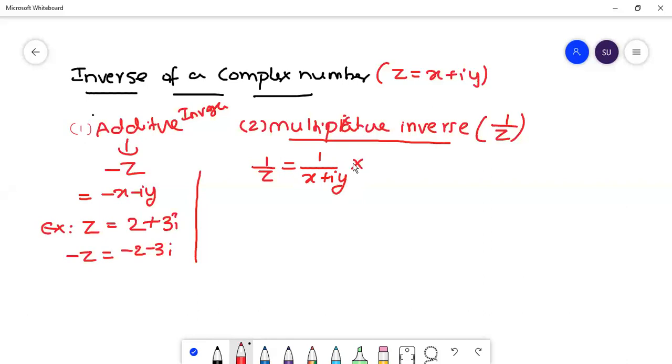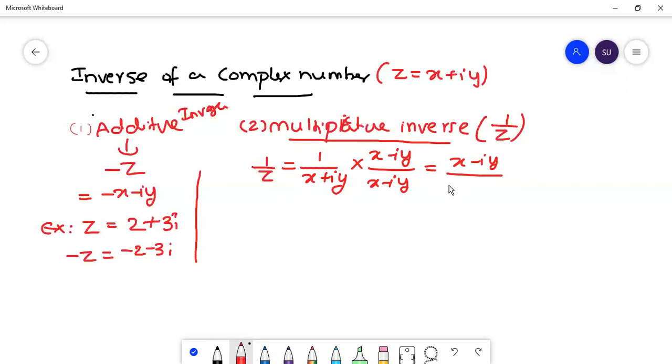Rationalize it, because we need to get in the form of a plus ib finally. So to simplify it, multiply and divide by x minus iy. Now numerator is x minus iy, and denominator is x plus iy into x minus iy, which is in the form of a plus b into a minus b.